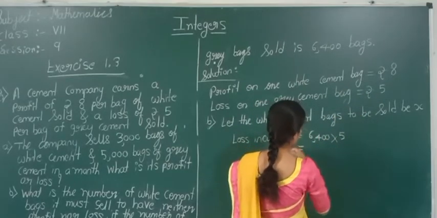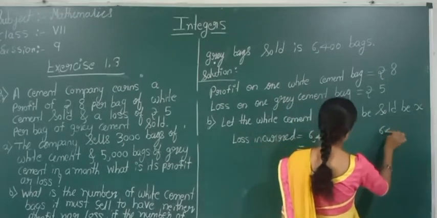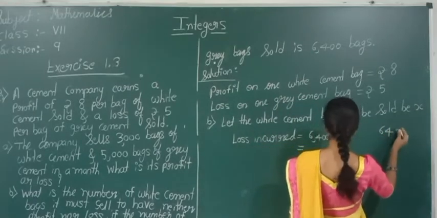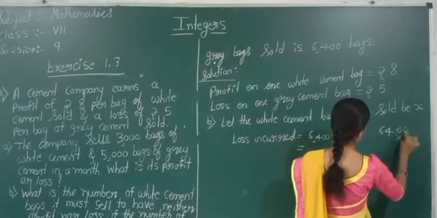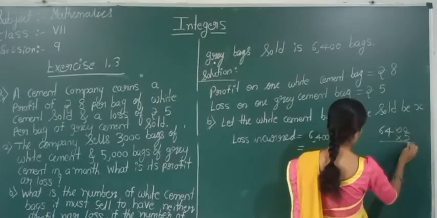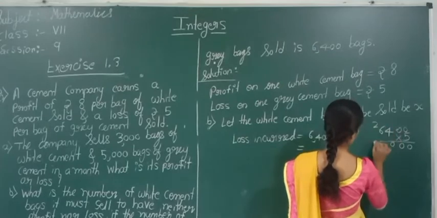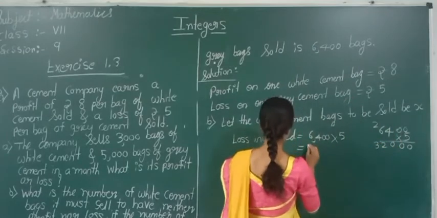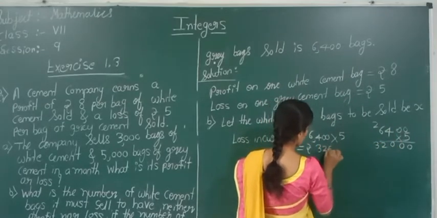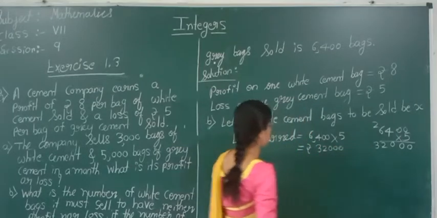It will be 6,400 into 5: 5 4s are 20, 6 5s are 30, 32. It is nothing but rupees 32,000.